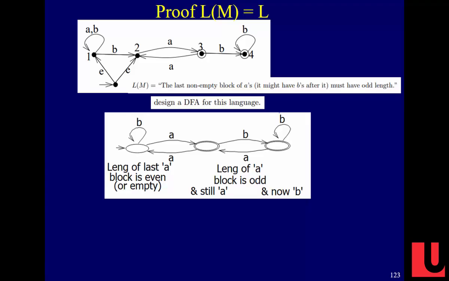Now, if I'm over here and I get another B, I'm still over here. If I'm over here and I get an A, then what have I got? Something up to B's or nothing, followed by an odd number of A's. Well, 1 is odd. Right? Does that make sense?